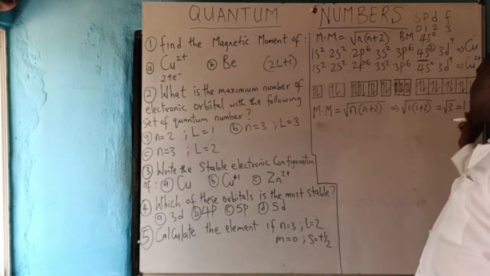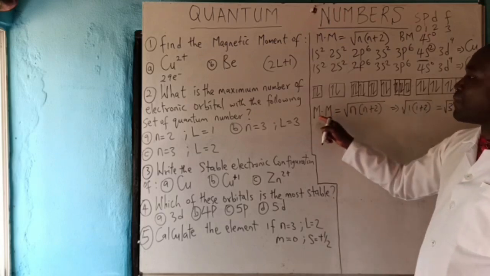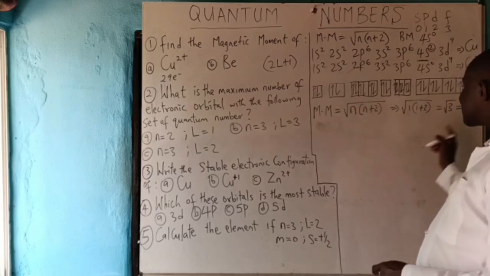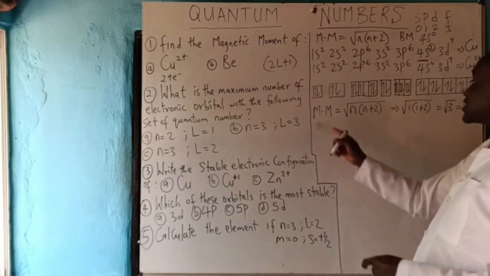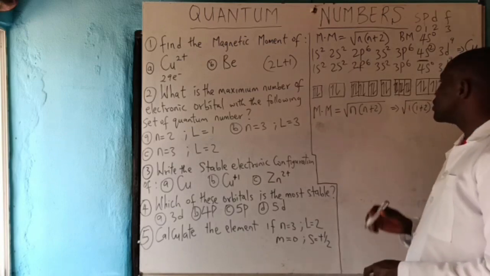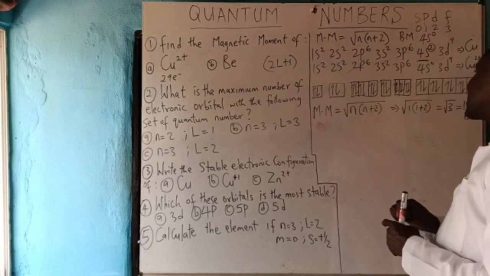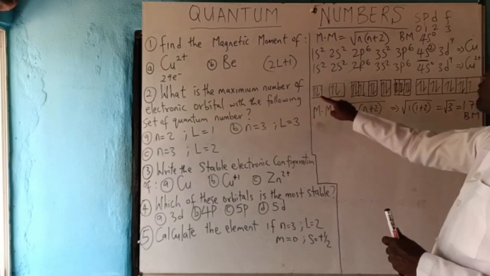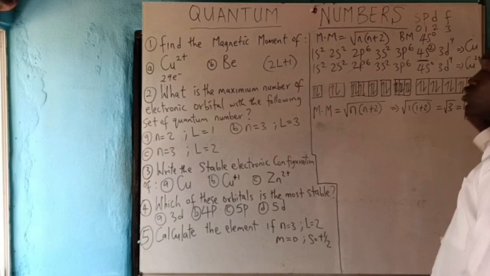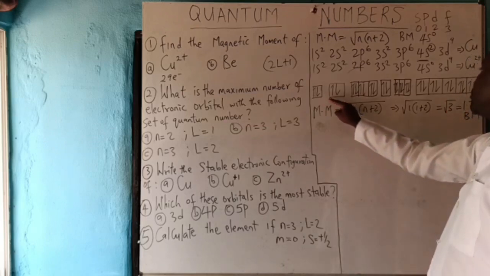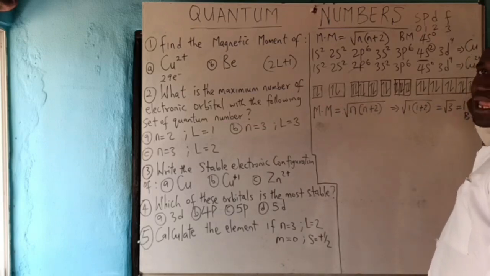Yes. Now, because it has a value for the magnetic moment, that is, the magnetic moment is not 0, the implication is that the electron configuration of that orbital, using Hund's rule, has both paired and unpaired electrons.